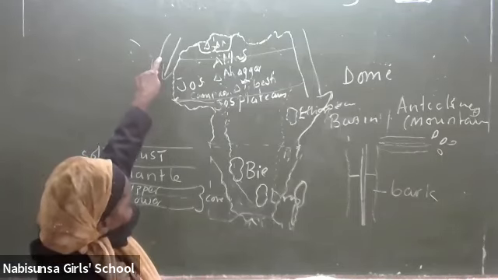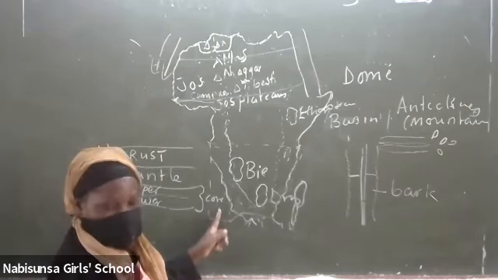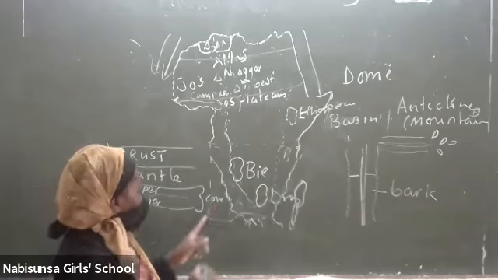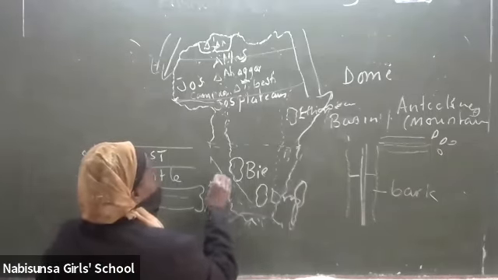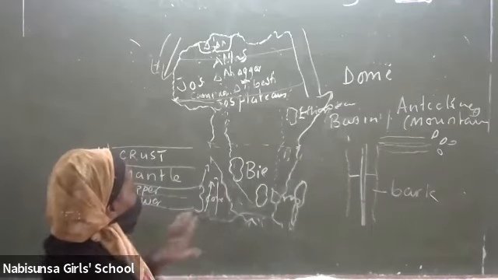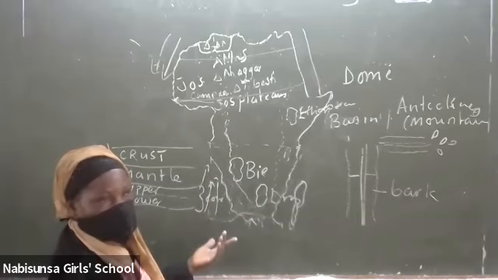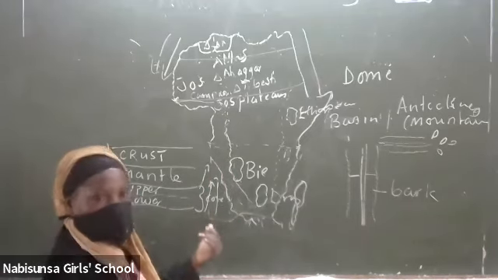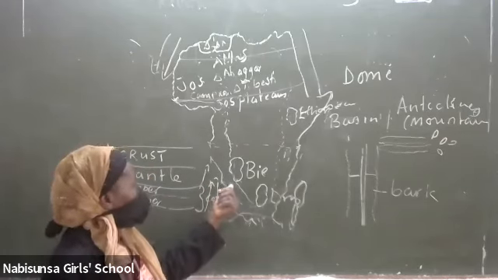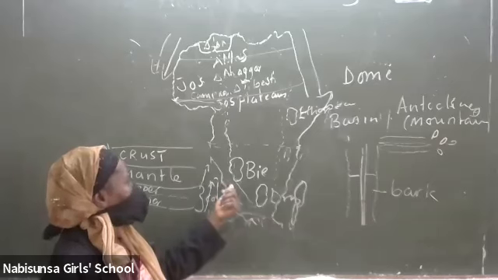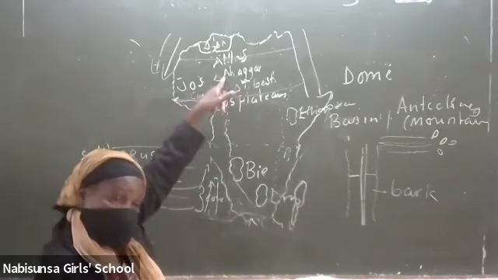This one is the Benguela current. They are the ones resulting in the Namib Desert. They don't receive a lot of rainfall, but their temperatures are low. That's why they call it the cold desert. This one is a hot desert.